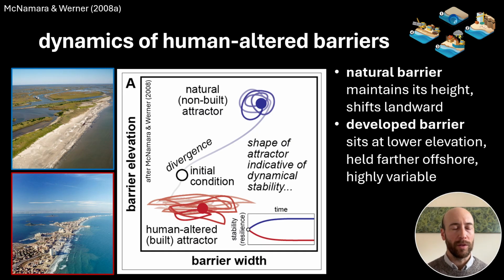And so top left, you have a natural barrier. Right below that, you have a densely developed, essentially a resort complex barrier island. And you can represent the system in terms of 2 variables to create a kind of state space.